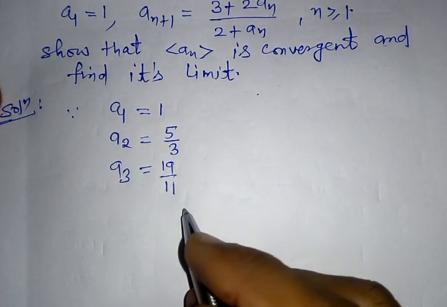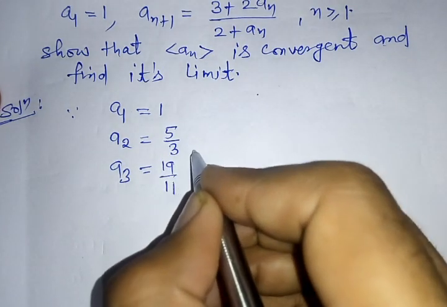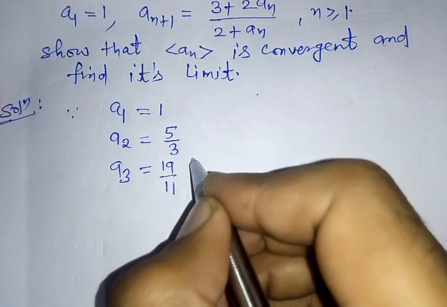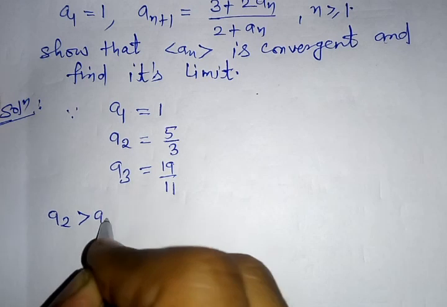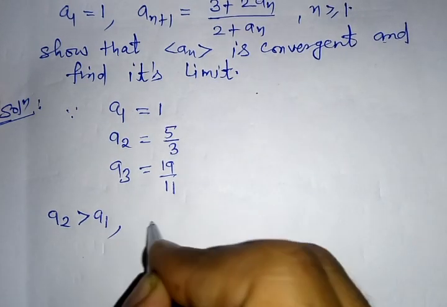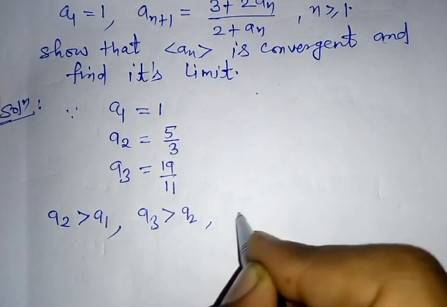On solving, the terms of the sequence are increasing. So we can see here a2 is greater than a1 while a3 is greater than a2, and similarly we can see further.